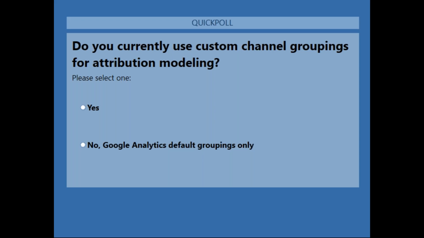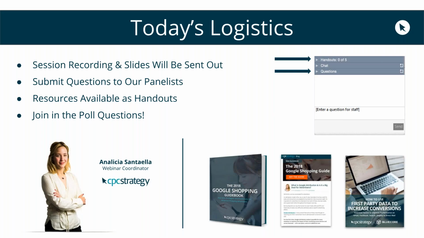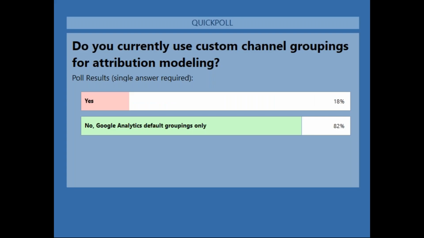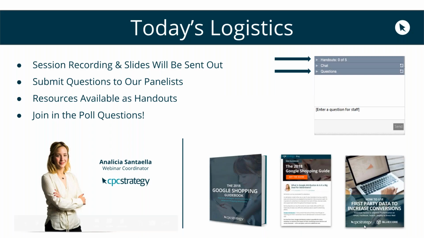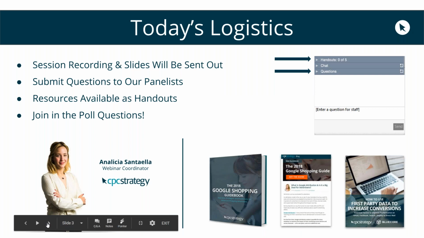We're looking forward to introducing this effective custom model to you all. So I'll close the poll now and reveal the results. 18% of you said yes, that you do use custom channel groupings. And 82% said no, that you use the Google Analytics default groupings only. So hopefully we can provide insights for all of you in our coming content.